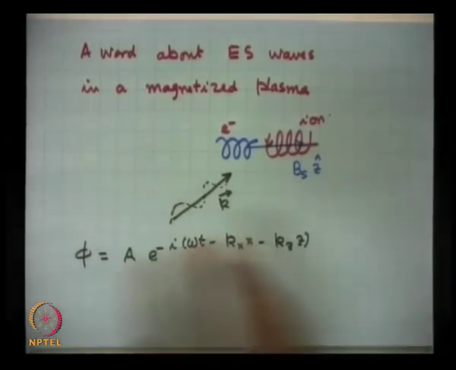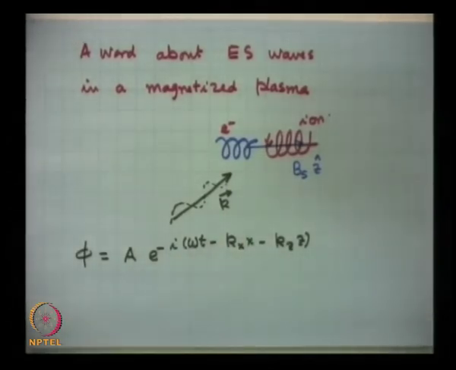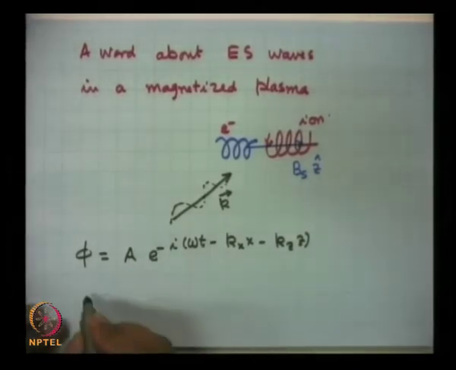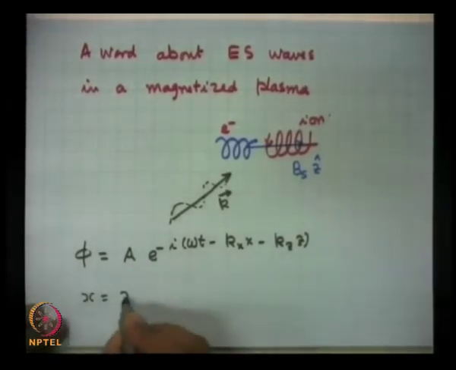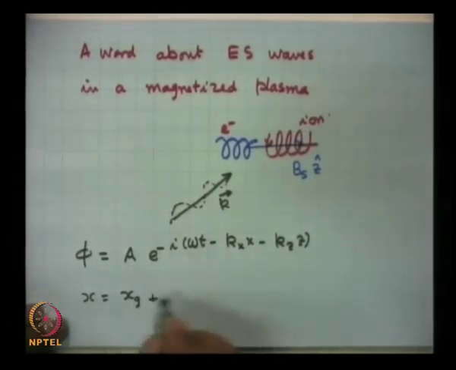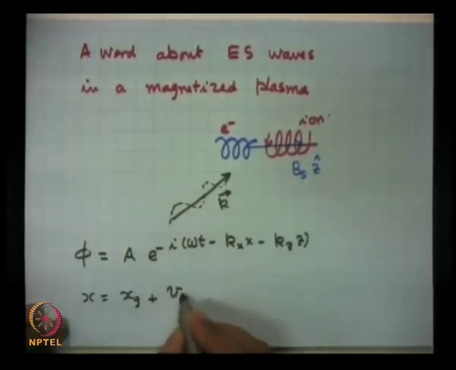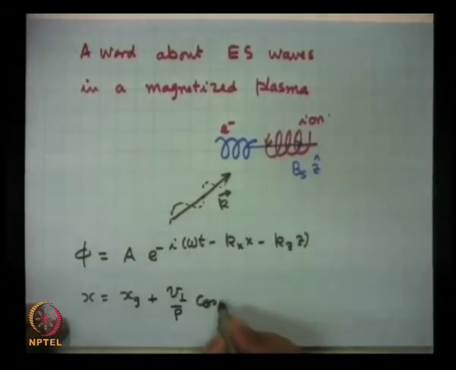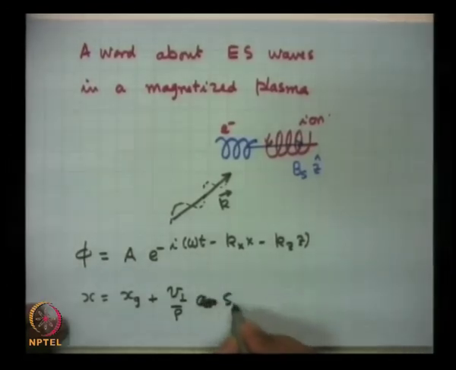Because x is not constant, the particle is gyrating, x is changing. So, typically I would write that x is equal to some guiding center plus V perp by omega_c, cos, or I think sin omega_c t.